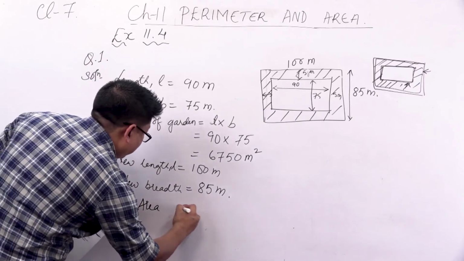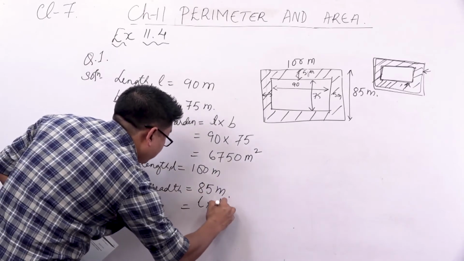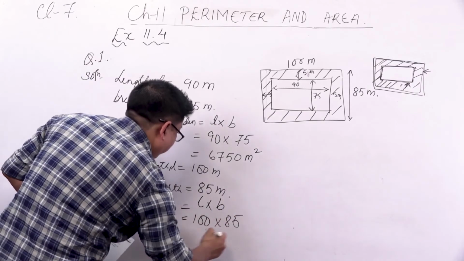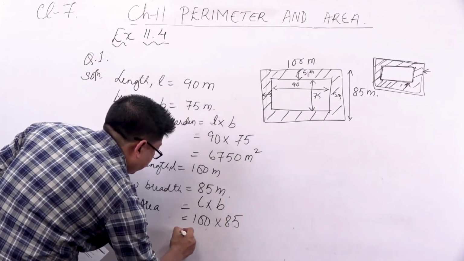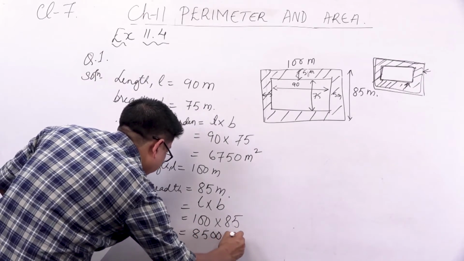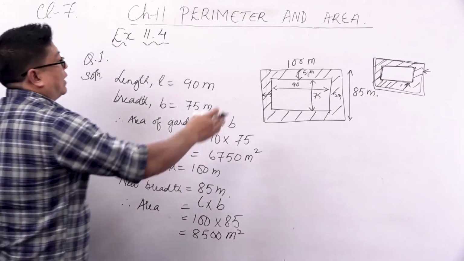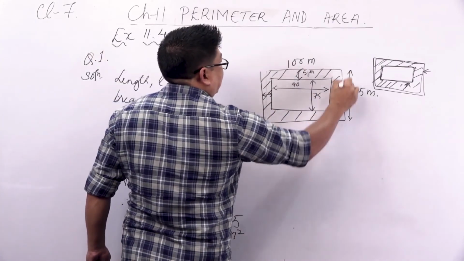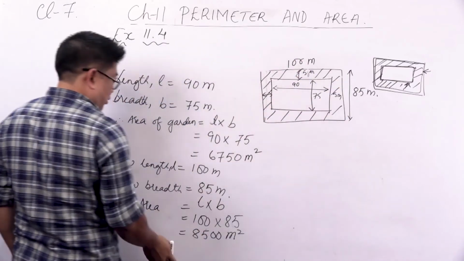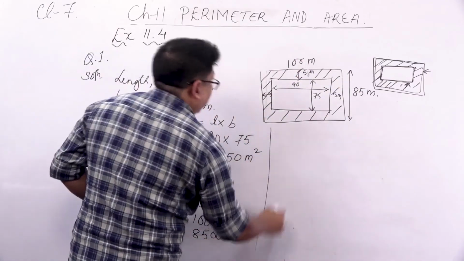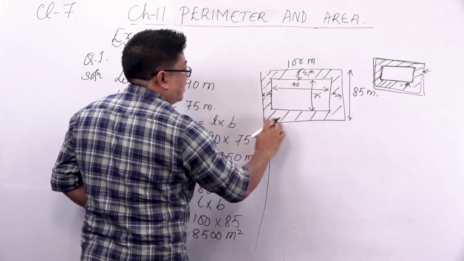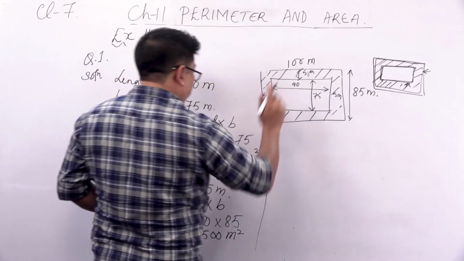Area is equal to length into breadth, so 100 into 85. When you multiply this, you get 8,500 meter square. So the whole area of the outside rectangle is equal to 8,500. Now, if you subtract this area from the whole area, only this part is left.